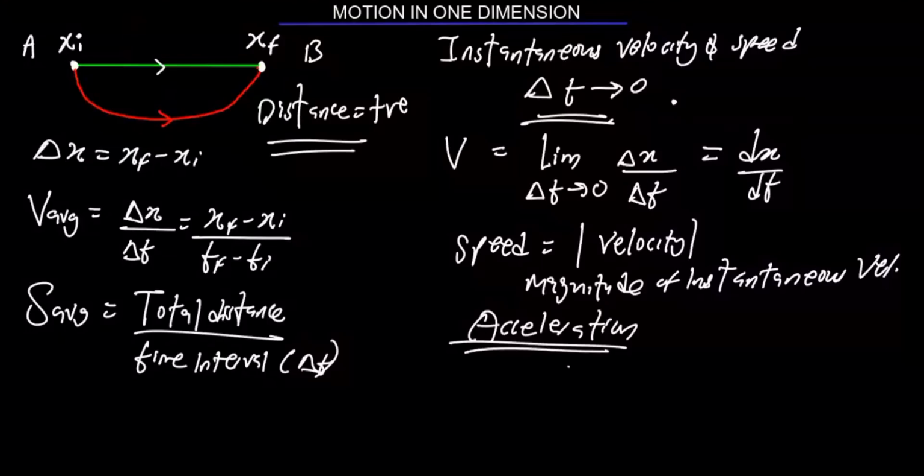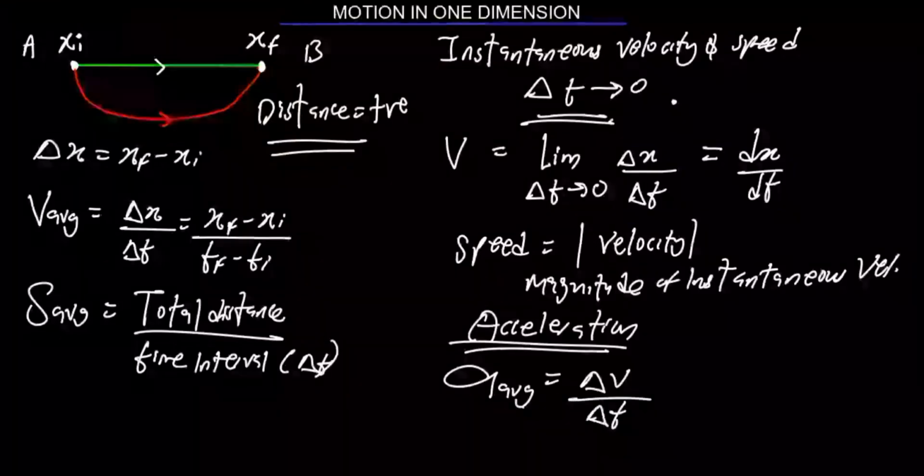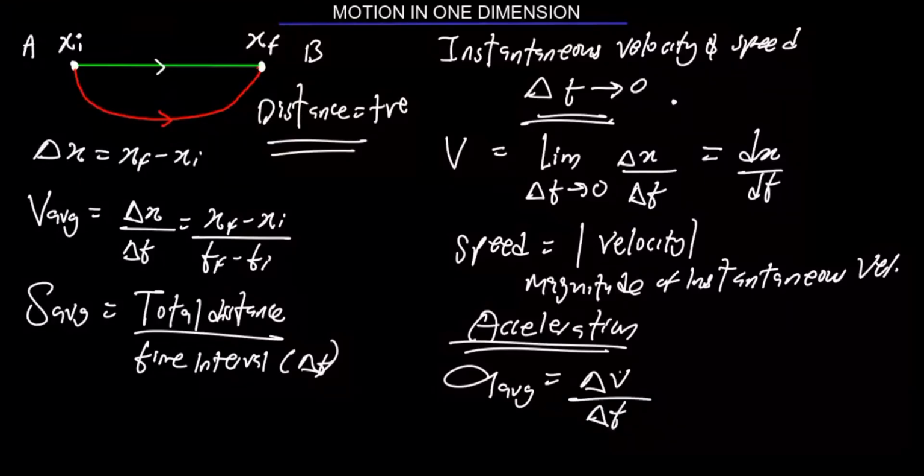Let's look at acceleration. We're looking at average acceleration and at the same time instantaneous acceleration. We already know acceleration is the time rate of change of velocity, and my average acceleration will be equal to the change in velocity over the time interval, delta v over delta t.